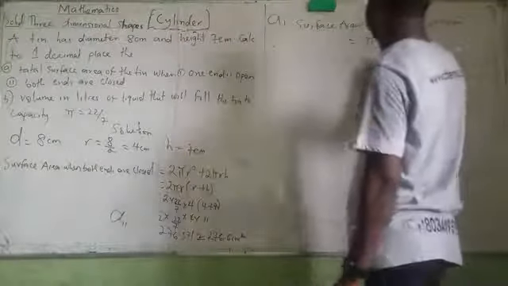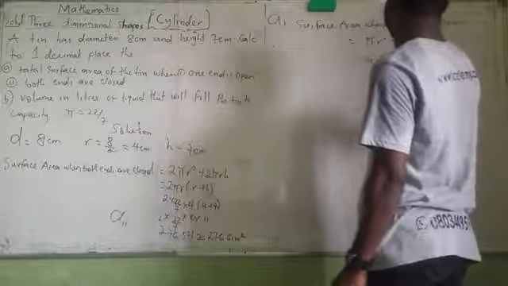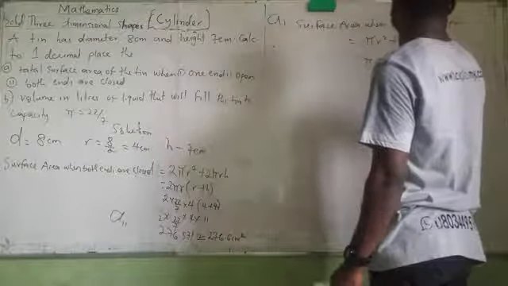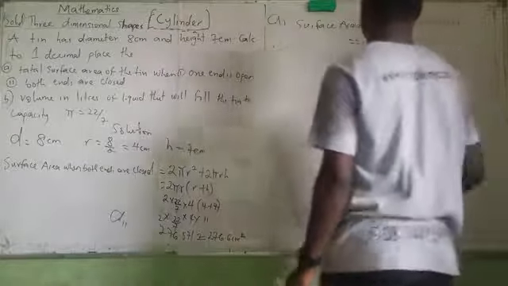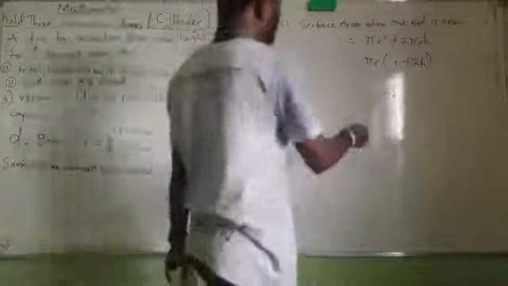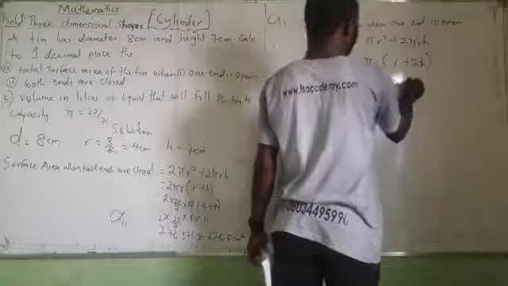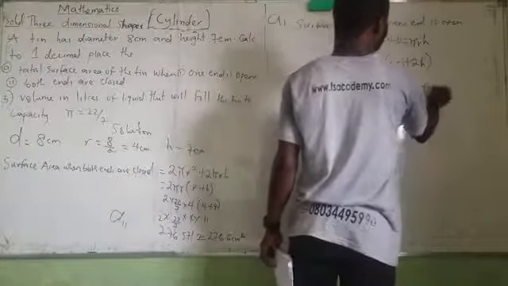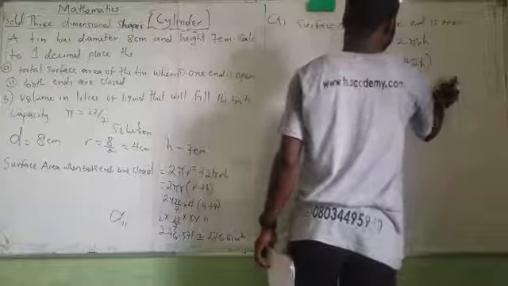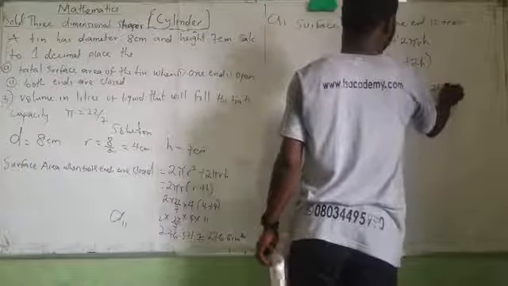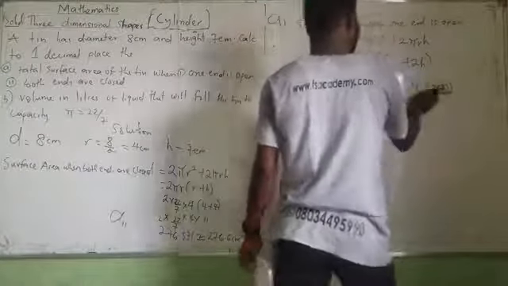Which is pi r bracket of r plus 2h. That is the mistake I was running after then. I'll be having 22 all over 7 multiplied by 4 bracket of 4 plus 2 bracket of 7, which will be 14.